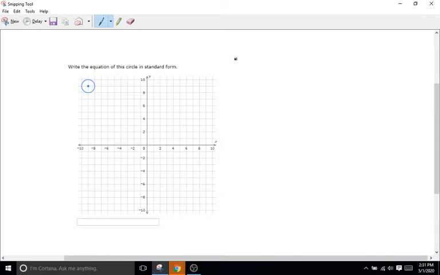Okay, so same deal. X minus h squared plus y minus k squared equals r squared. X minus h. So the center of our circle here, it looks like it's going to be at -9, 9, comma +9, not negative. Okay, -9, 9.